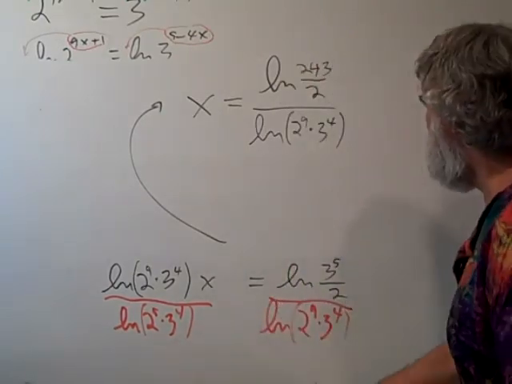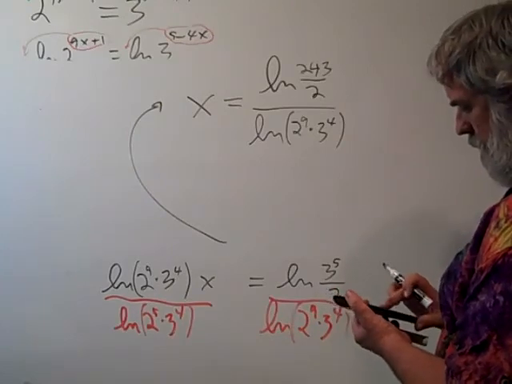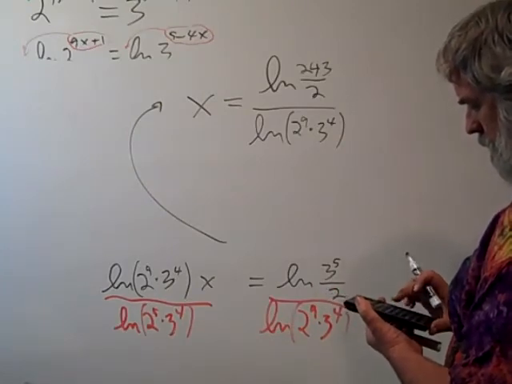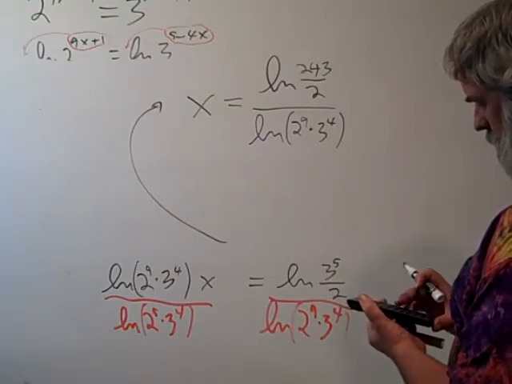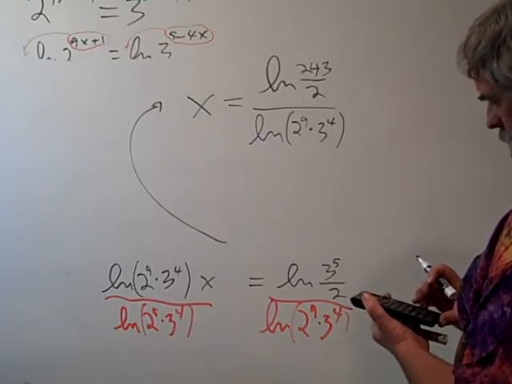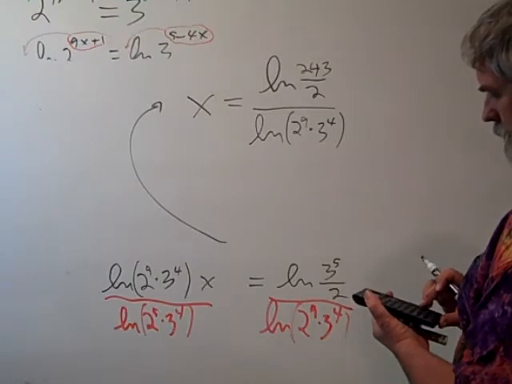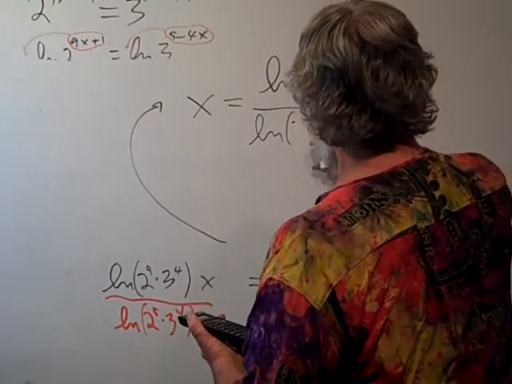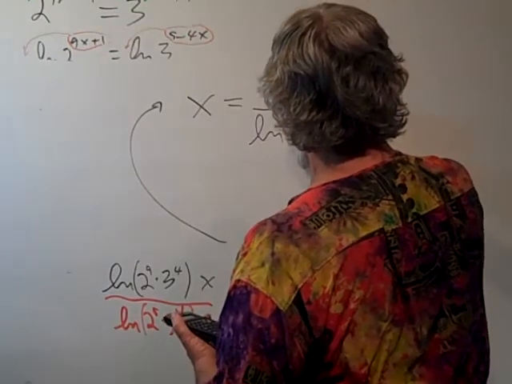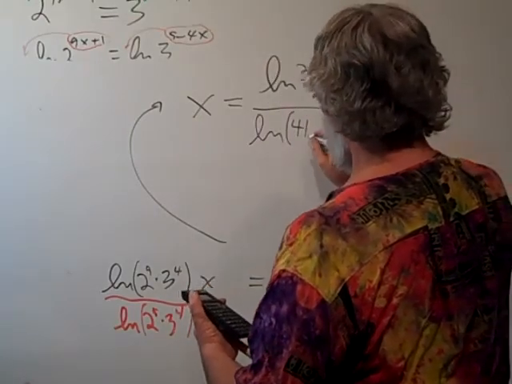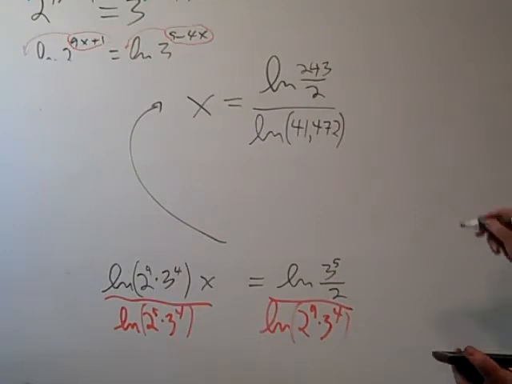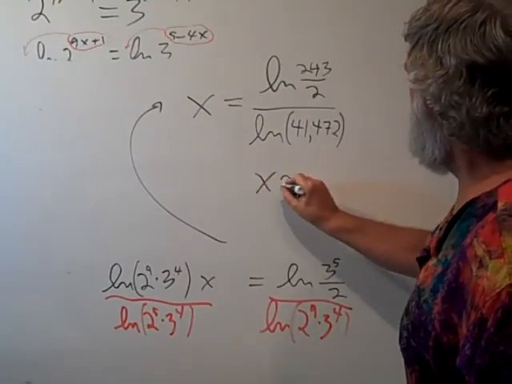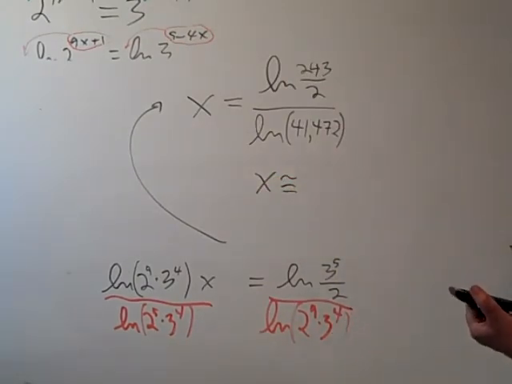In the denominator, 2 to the 9th times 3 to the 4th is 41,472. So let's calculate this now and round off to the nearest millionth.